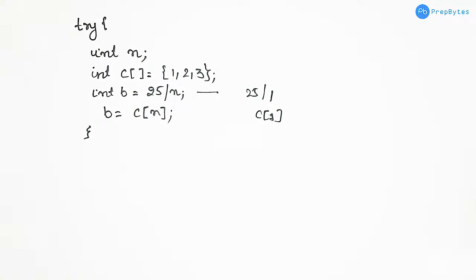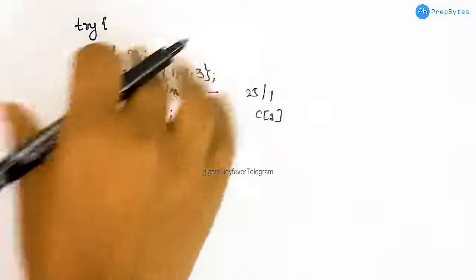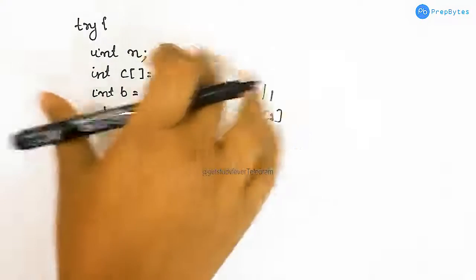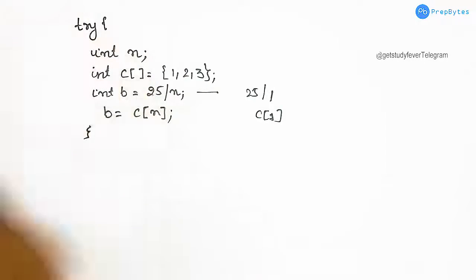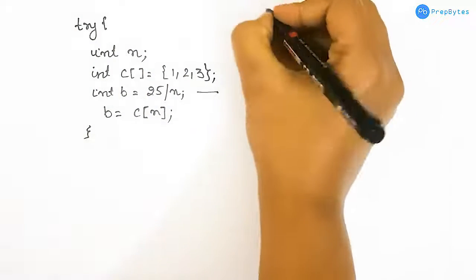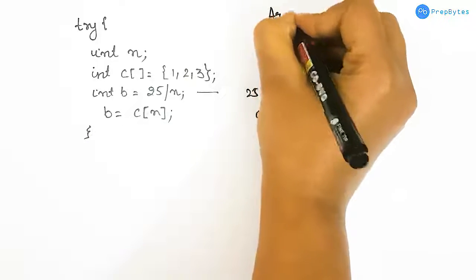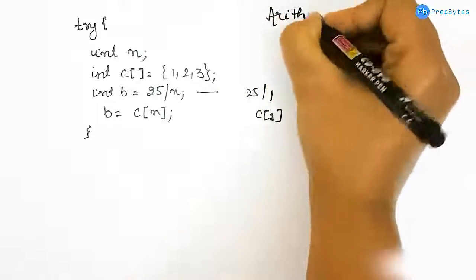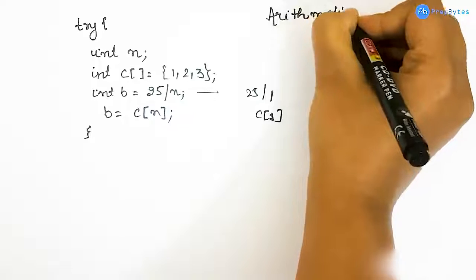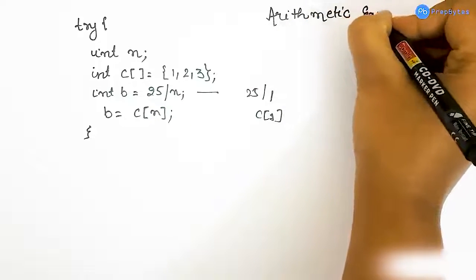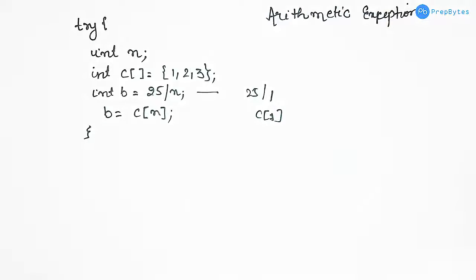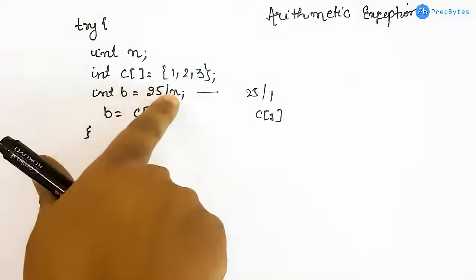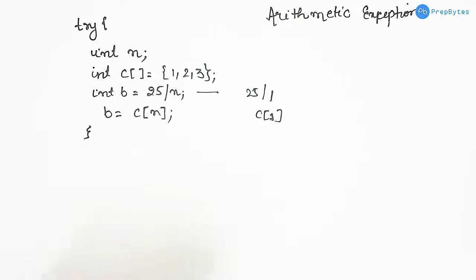Now let's try to find out what exceptions can occur in this particular case. What happens if n is equal to 0? If n is equal to 0, we will get an arithmetic exception. What are the other things that can occur? Let's say n is greater than 2.